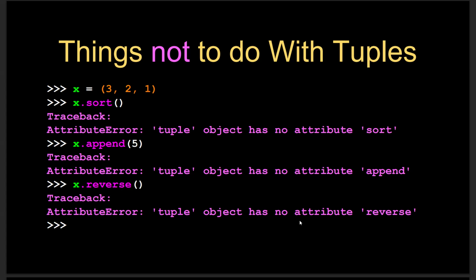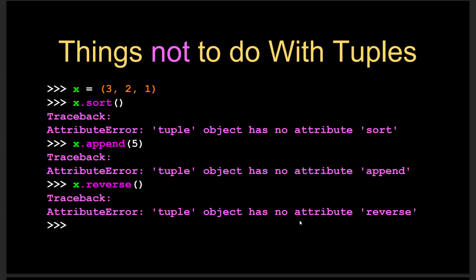If you are appending, you are adding to the end of the tuple. So here we are trying to change its immutable nature, but it is not possible. You cannot add. See here, it will give an error: tuple object has no attribute append. This method will not exist for tuples.